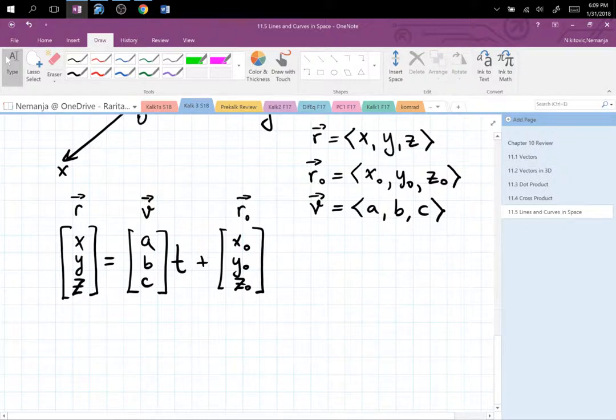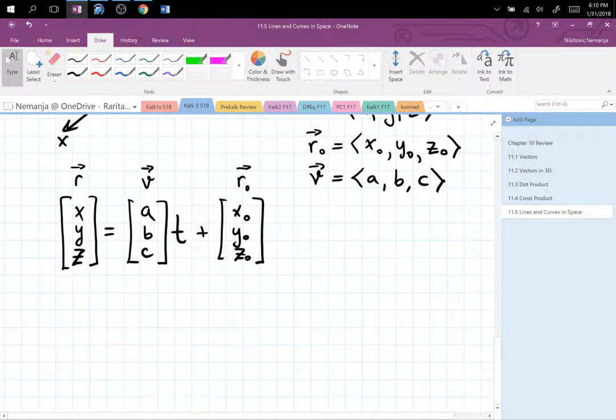Instead of writing them horizontally, you write them vertically, and you call it a column vector. That's what it is. And now I just want you to read the first line, and the second line, and the third line. You see what you get?